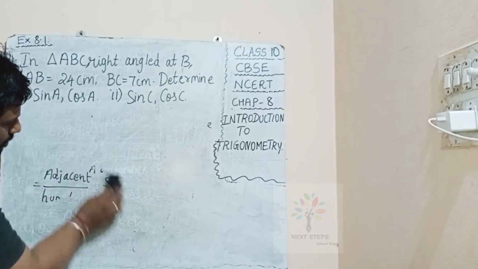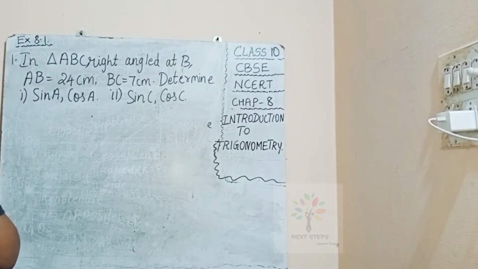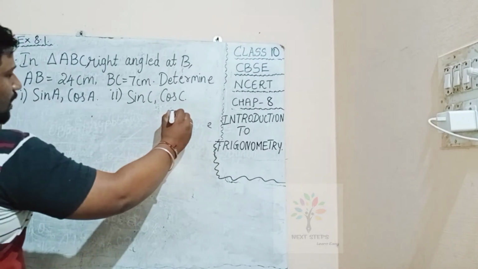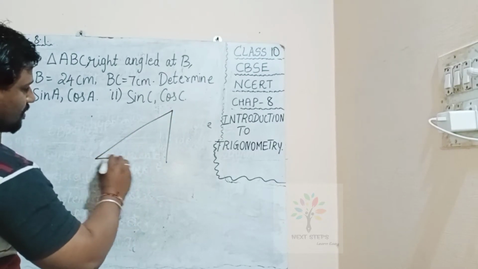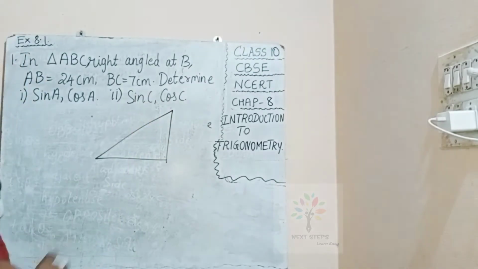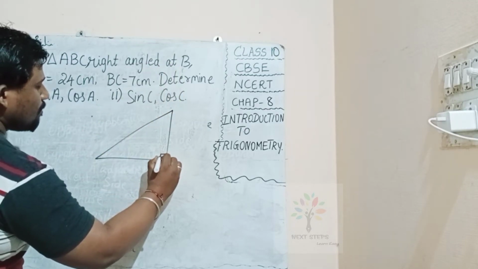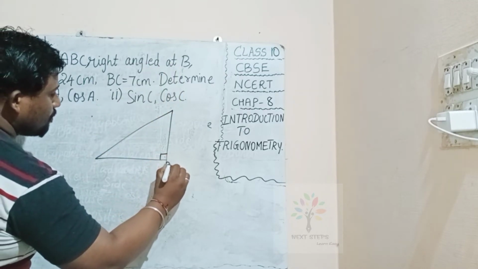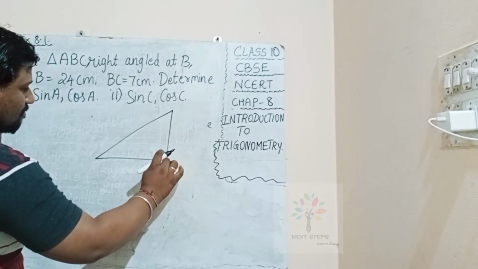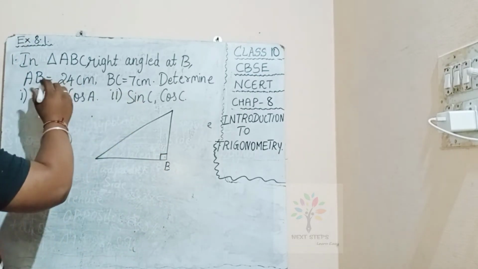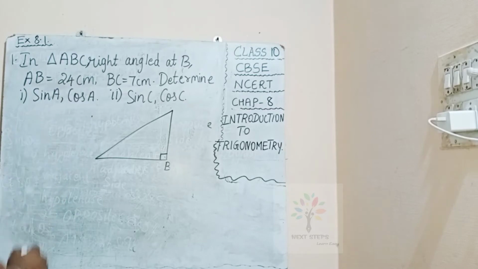They mentioned triangle ABC, right angled at B, so I am marking this point as B and making B the right angle. AB is equal to 24 centimeter, BC is equal to 7 centimeter.